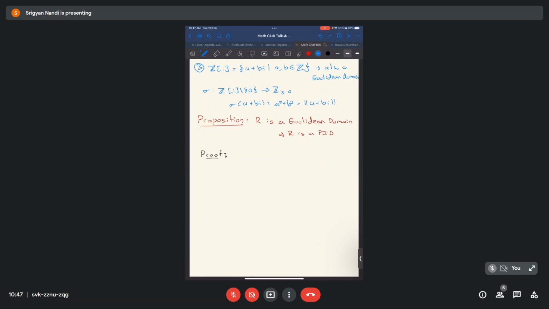I will not prove this, but it is very easy to verify that this size function does in fact allow for a unique division algorithm.